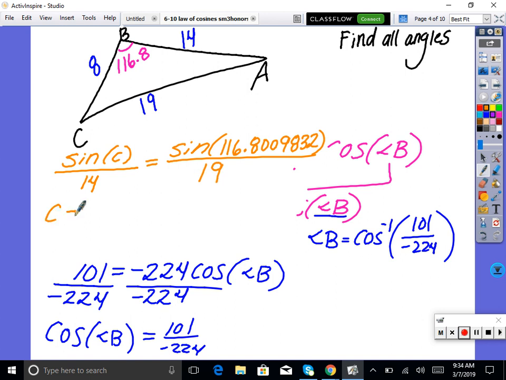So then we know that angle C is going to be equal to, we times up by 14, then take the sine inverse. So the algebra will be sine inverse of 14 sine of 116.809832 divided by 19.